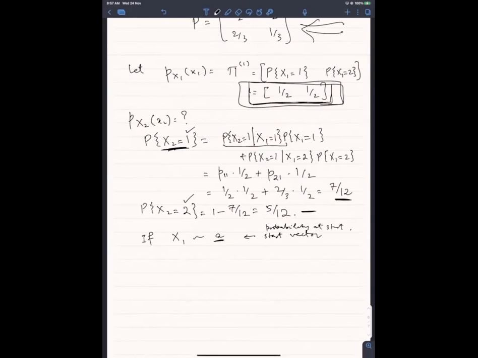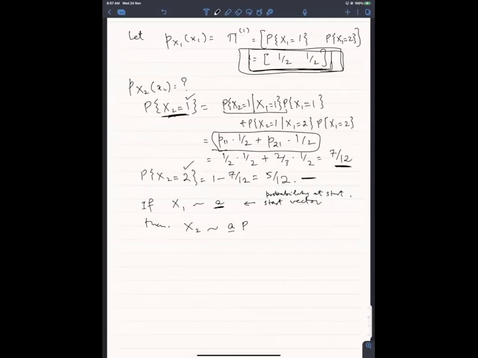If x1 is distributed as A, then x2 जो है इसकी क्या डिस्ट्रीब्यूशन होगी, A times P. वो कैसे आई है, ये हमने यहां पर लिखी हुई है, this is A times P, and you can verify this.